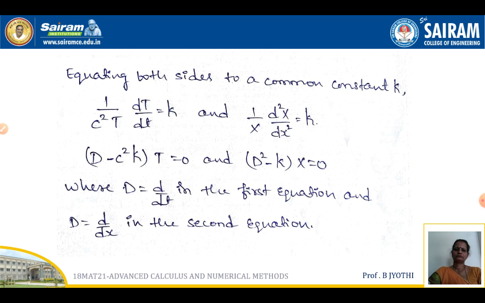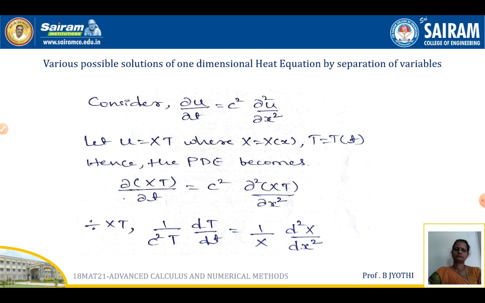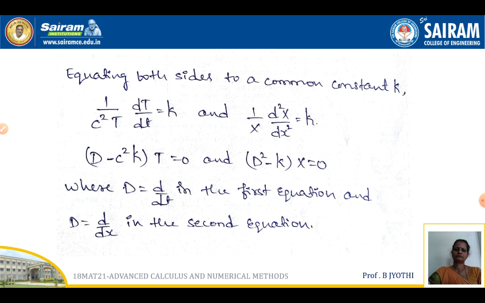Equating both sides to a common constant, say k, 1 upon c square T into dT by dt equals k, and 1 upon X into d square X by dx square equals k.